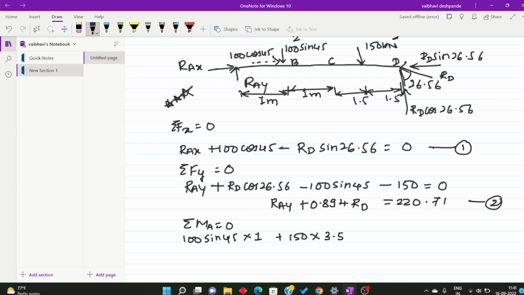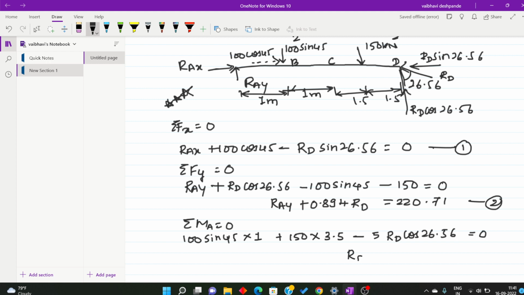Then RD cos 26.56 is causing an anticlockwise moment, so minus, at a distance of 1 plus 1 is 2, plus 3, that is 5. So minus 5 RD cos 26.56 equal to 0.